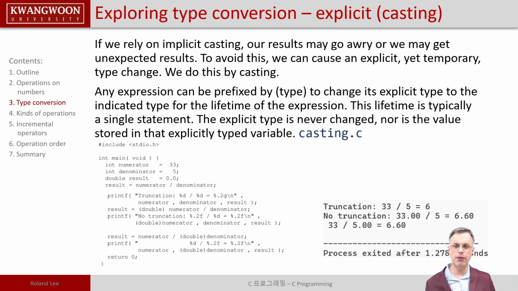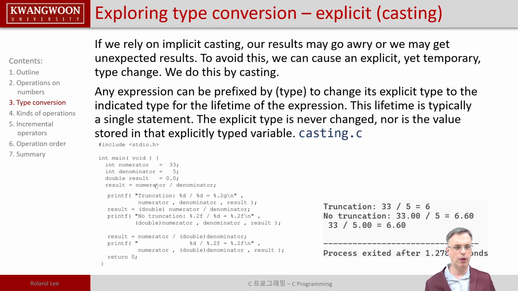The type of the variable and its value doesn't change. Any expression can be prefixed by type to change its explicit type to the indicated type for the lifetime of the expression. This lifetime is typically a single statement. The explicit type is never changed, nor is the value stored in that explicitly typed variable.